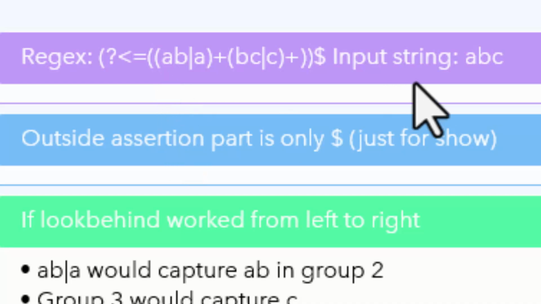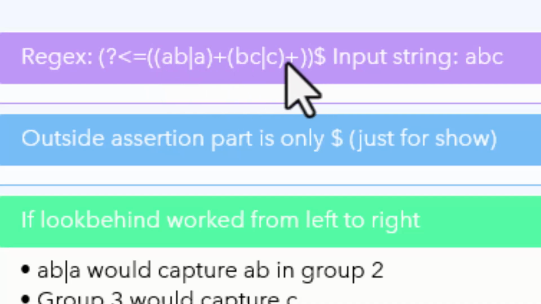We are using the input string ABC. The first capturing group is going to check if the input string has A or AB appearing, and the second capturing group is going to check for the presence of BC or C. Both of these can occur one or more times, so they are going to capture at least one character of each of the constituents.